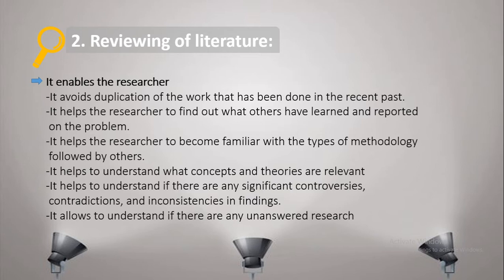It also helps the researcher to find out what others have learned and reported on the problem. As I already discussed, it helps the researchers to become familiar with the types of methodology followed by others.